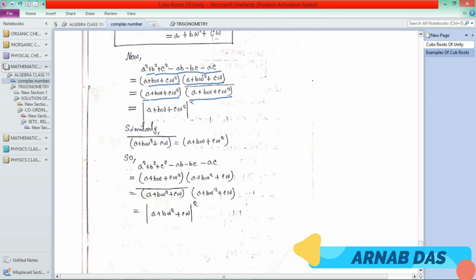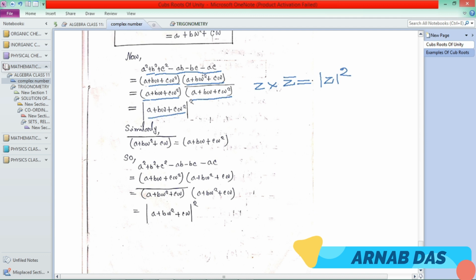because you know that a plus b omega square plus c omega equals the bar of a plus b omega plus c omega square. So z into z bar equals mod z square, and this equals the whole square of mod of a plus b omega plus c omega square.